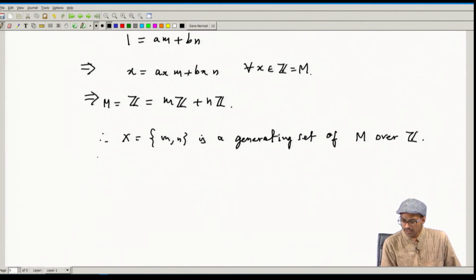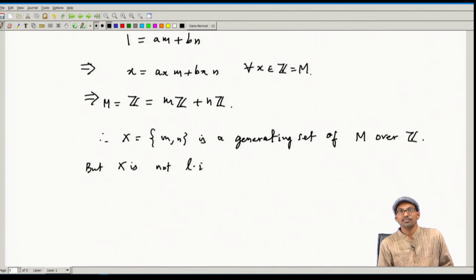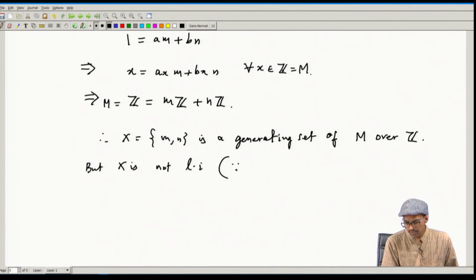It is a generating set of M over Z, but X is not linearly independent. Okay, why? Because m times n minus n times m is 0.